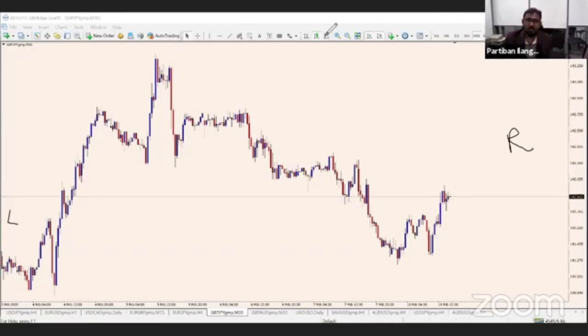What I want you to do is connect the last candle that you're seeing on the left and the last candle over here. Just connect both of the dots. If overall the price is pointing up, that means the price is rallying higher and higher.